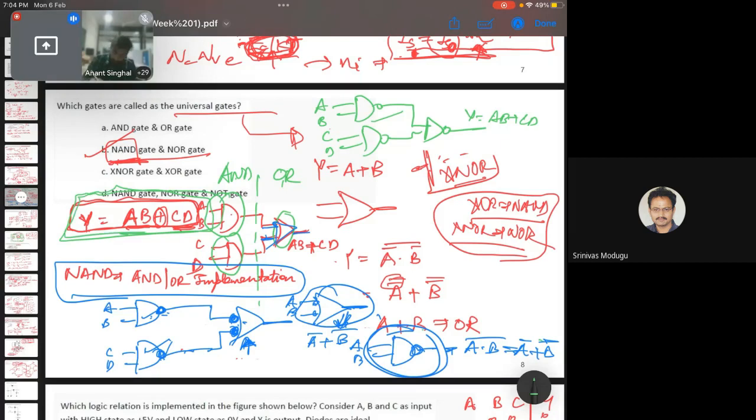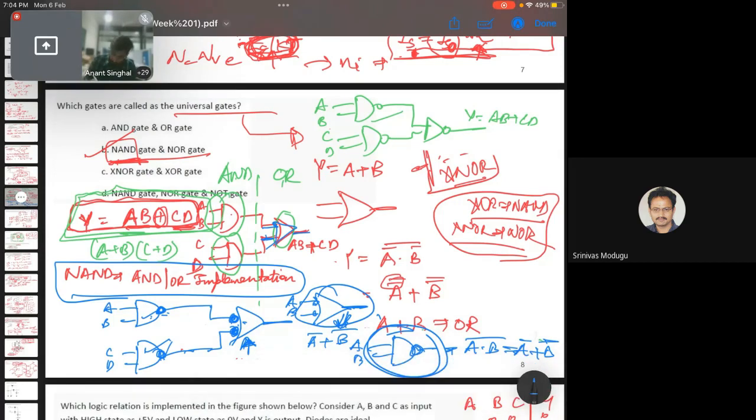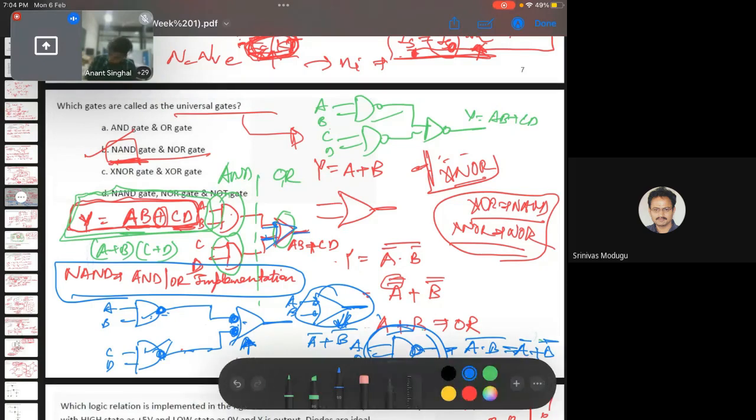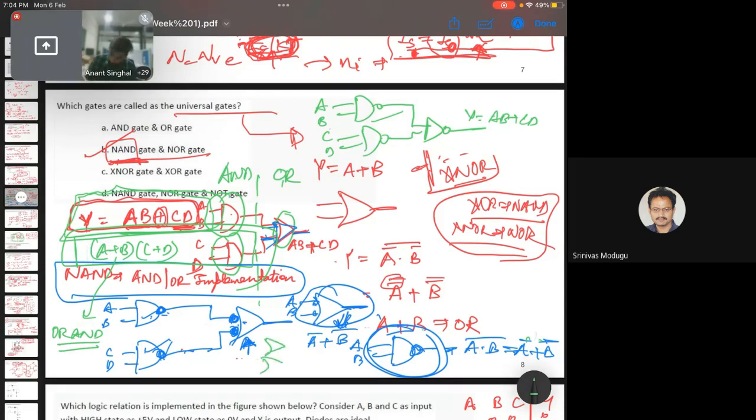If it has been, let's suppose, (A plus B) into (C plus D), this will be this. So this thing will be nothing but OR and AND implementation. Maybe you can try at home. This is A plus B, this is CD, and this is AND.